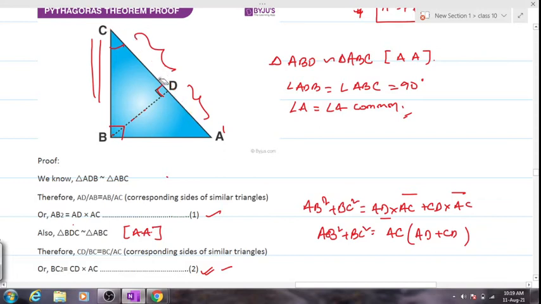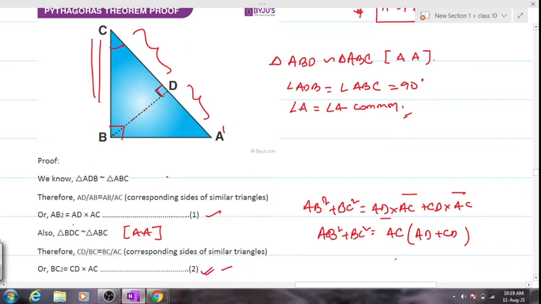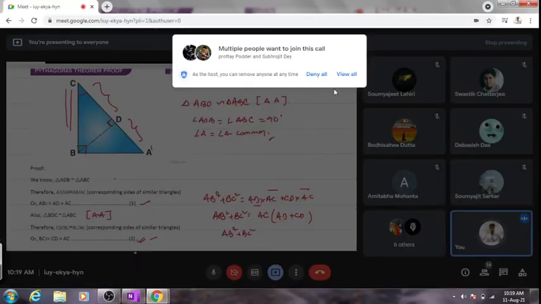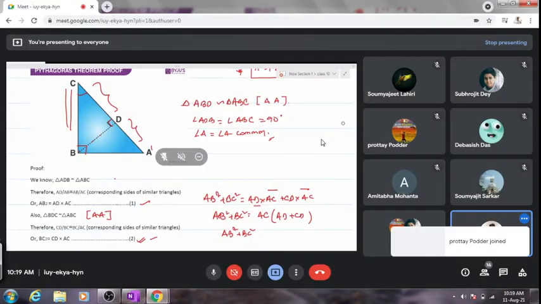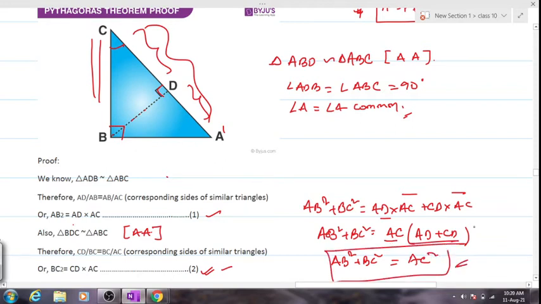Can anybody tell me? You don't require a lot of brain to say this. Yes, sir. What is it? AC, no? AC into AC will become AC square. Have we reached to the conclusion? Yes or no? Was it too difficult?